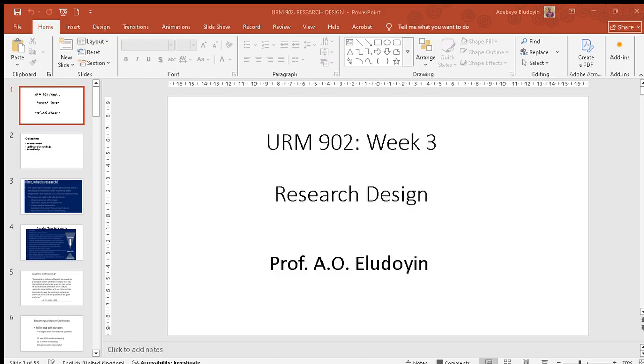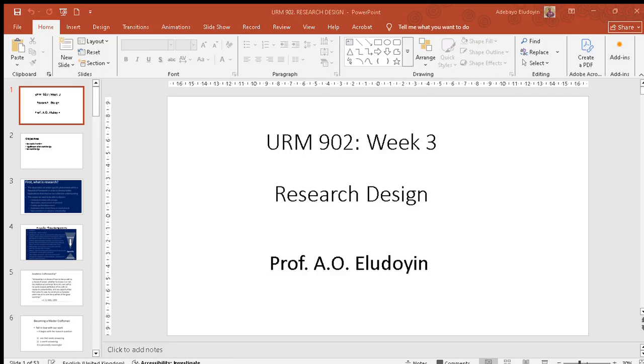But for the purpose of this class, we want to refer to research design as a framework of research, and that framework should ensure structured inquiry and valid results. Alternatively, you can have it as a set of advance decisions, because research design has to be planned in advance.